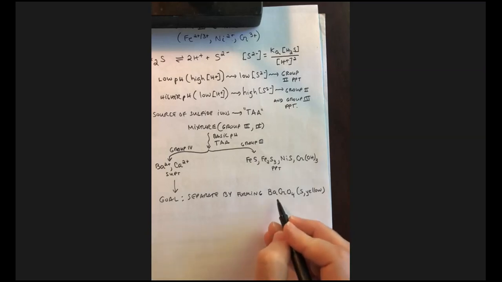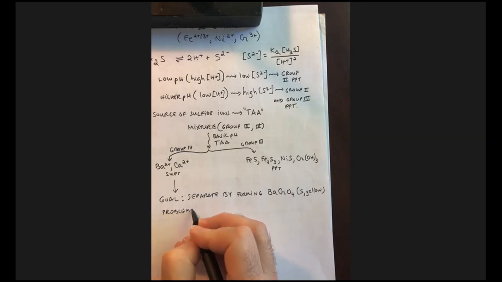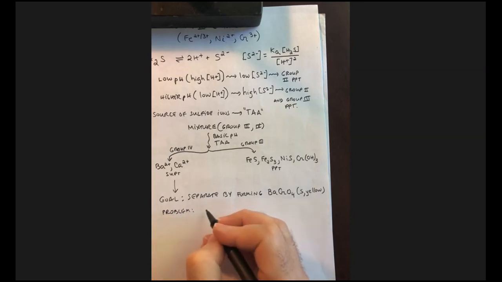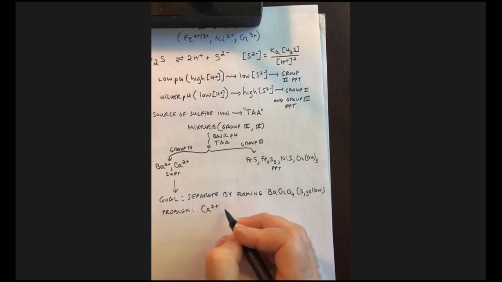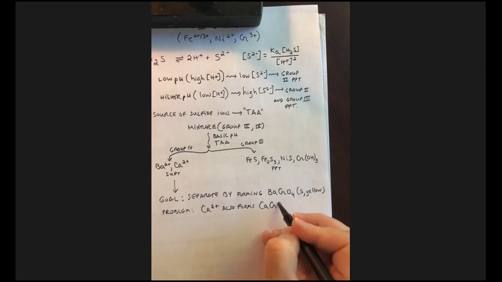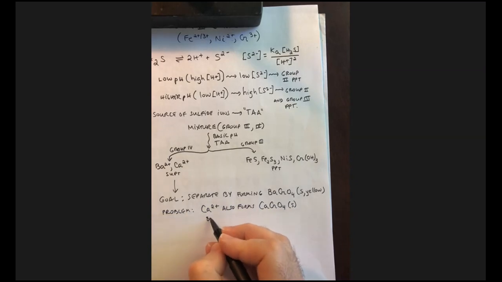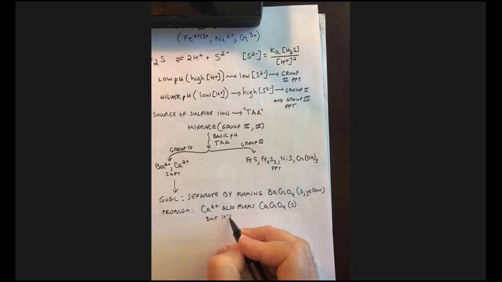So, like I said, we want to form this barium chromate. Now, the problem is that calcium also forms a calcium chromate precipitate, but it's more soluble.